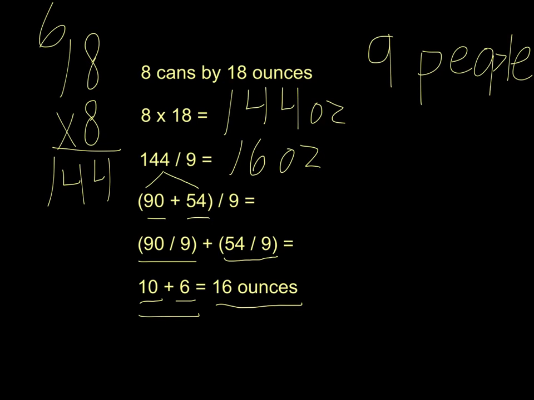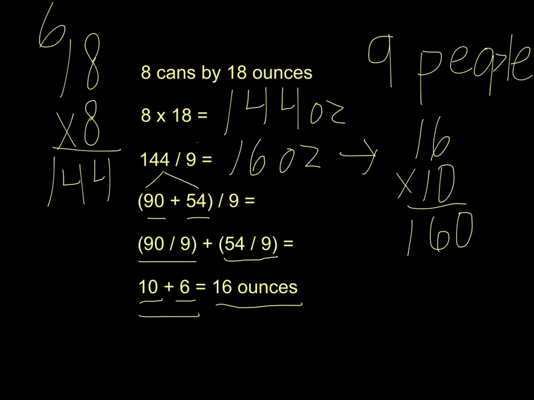Now, one way to play with the numbers is to say, hey, why don't we multiply 16 by 10, because 10 is close to 9, and get 160, and since we want 9 16s, we could subtract 16 to get 144.